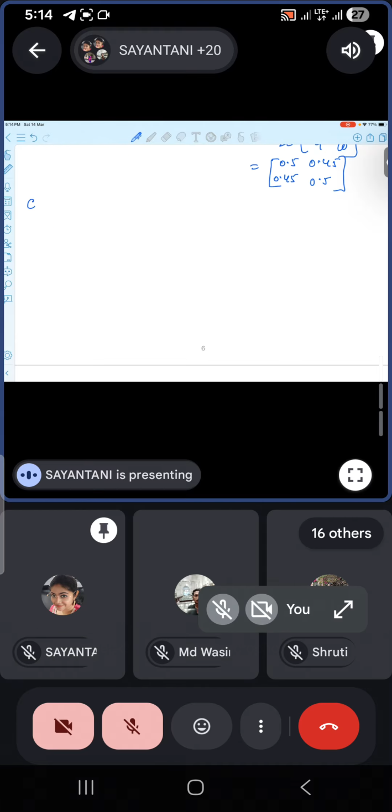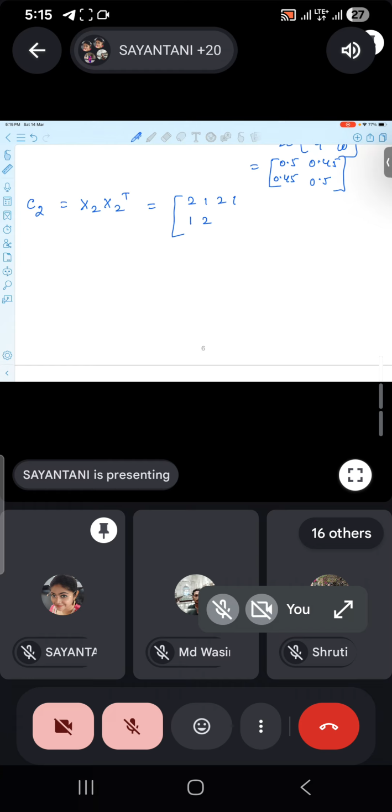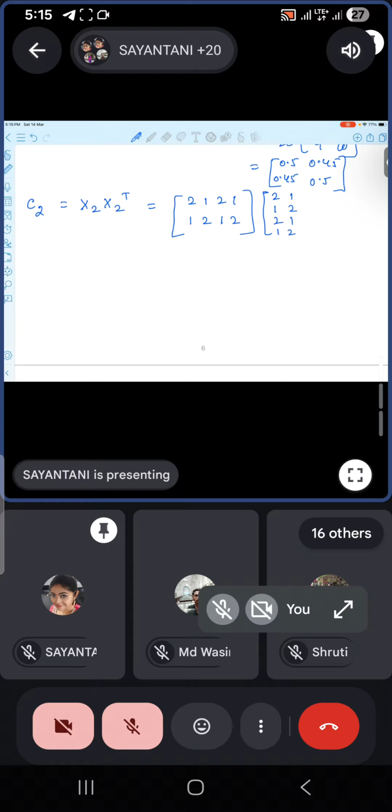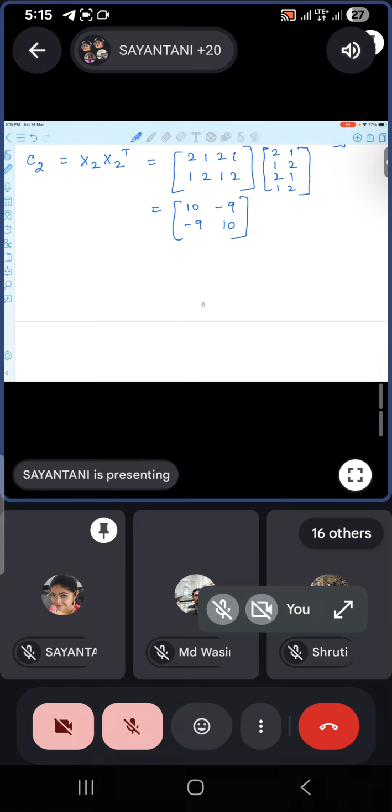Similarly, I have to calculate the covariance for X2. So you get the output. Again, you have to normalize C2. The trace is again 20 over here, 10 plus 10.